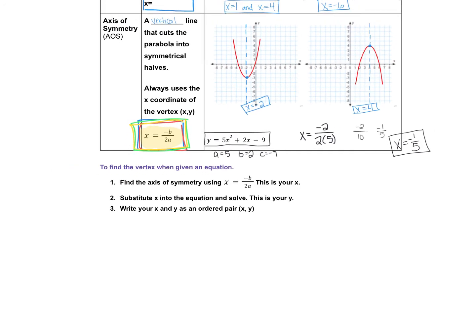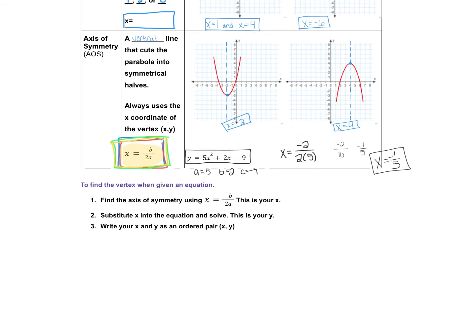First, we're going to find the axis of symmetry using that very special formula. That's our first step, and it's going to give us our x. The second one is that we're going to substitute that x into the equation and solve it to get our y. And then we're going to write it as an ordered pair, so it's going to have parentheses and then x comma y.